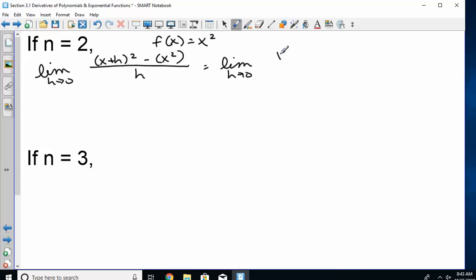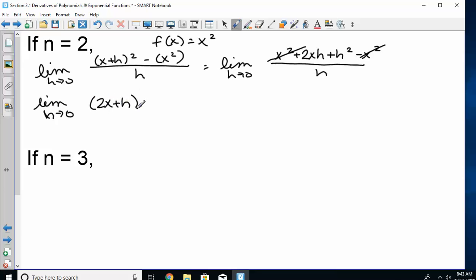So we multiply that out, we get x squared plus 2xh plus h squared minus x squared. The x squareds drop. If you cancel an h out of everything, you have 2x plus h.